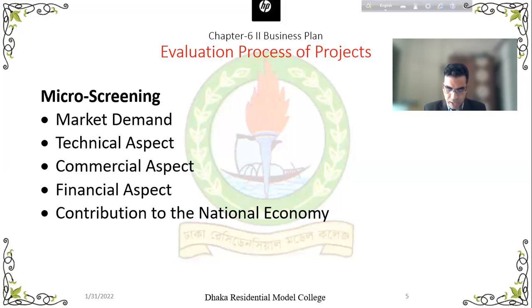In this case, elements of the production cost, sales price, estimated profit are to be considered very carefully. Commercial aspect means produced product will be sold to the consumers, and a selling process, earning profit, then production cost must be considered in your business plan.